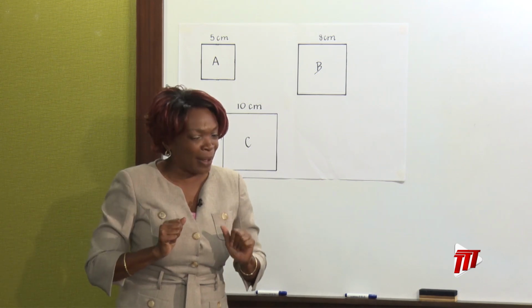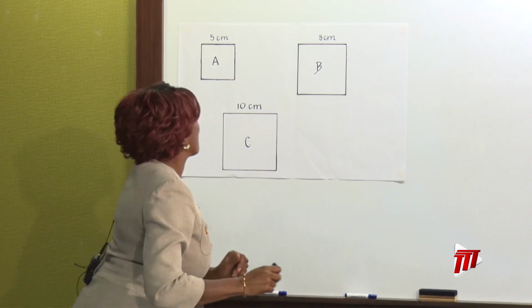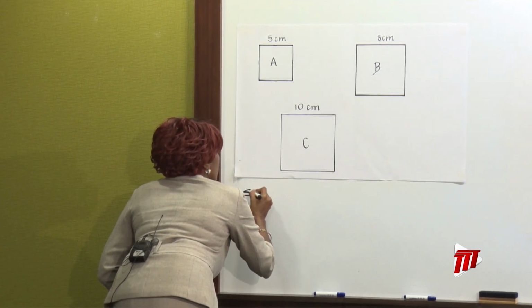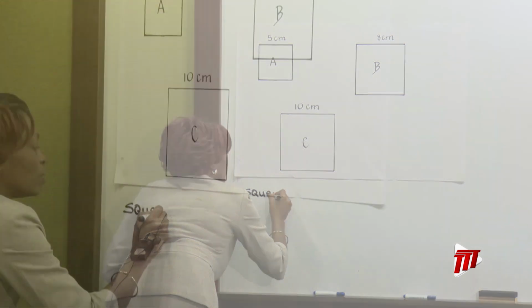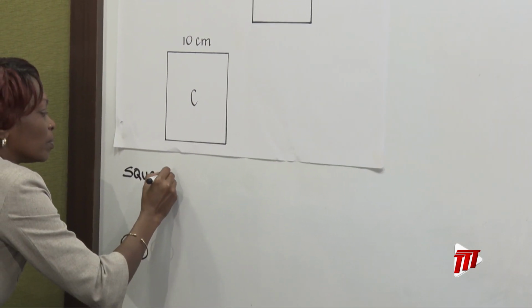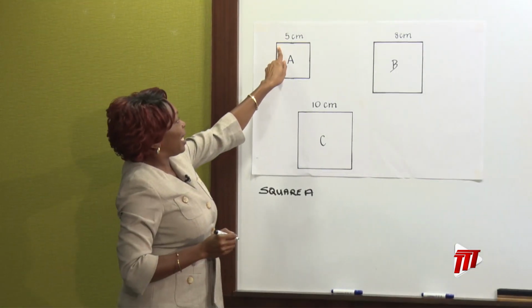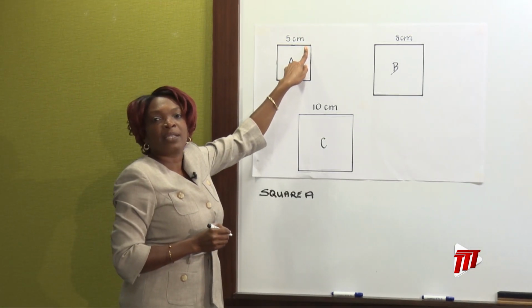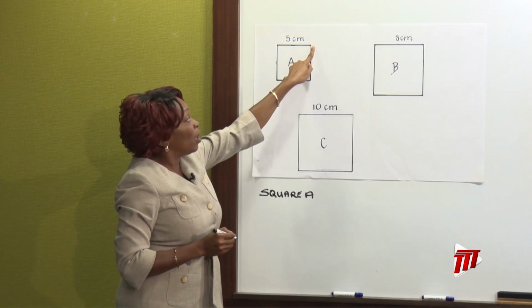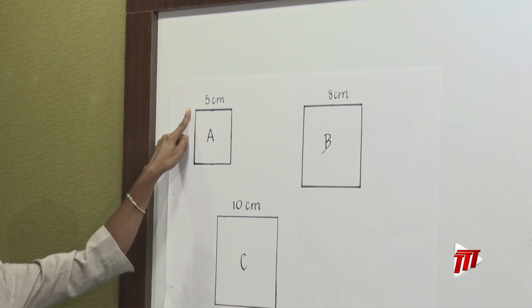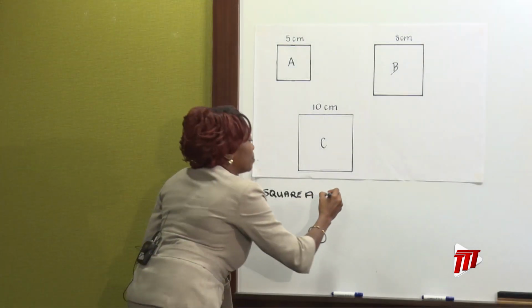I'm going on the board now. Square A. If the length of one side is 5 centimeters, then we can say 5 centimeters here, 5 centimeters here, and 5 centimeters here. Can we not? Let's write that down.